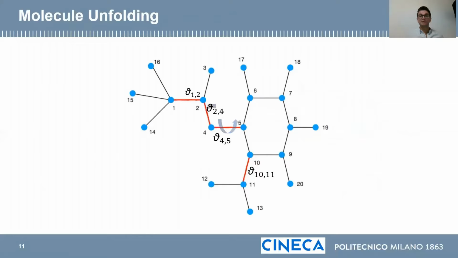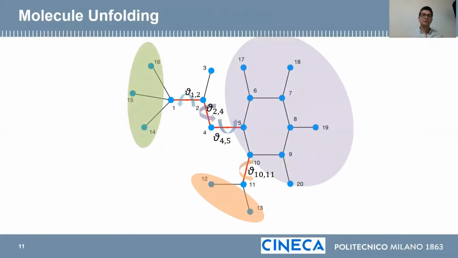So practically what is happening, we are rotating all our torsionals, and we will end up with different sets of atoms rotated by different matrices, and of which the final position in space will be determined by different angles.